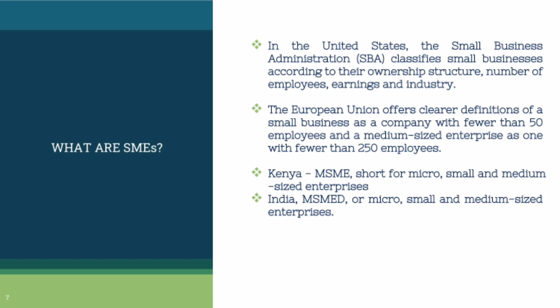In the United States, according to their definitions, small businesses are classed according to ownership structure, number of employees, earnings, and industries. So for example, in manufacturing, an SME is an organization with 500 or fewer employees. On the other hand, enterprises that mine copper, ore, or nickel may have up to 1,500 employees and still be identified as SMEs.